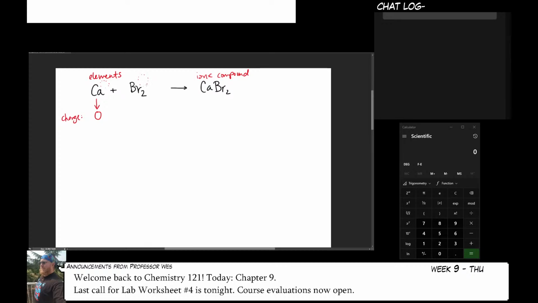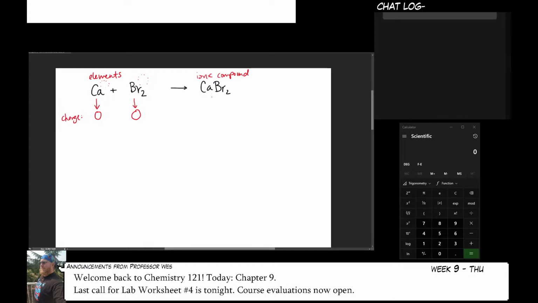Well, there's two of them, and I didn't write anything up here, so it's got to be 0. These are elements in their atomic elemental state. When elements are not in an ionic compound and have broken apart from that, the number of electrons and the number of protons in them will be the same, and thus their charge will be 0.